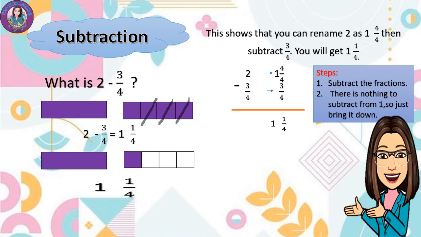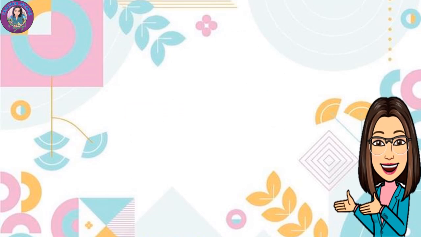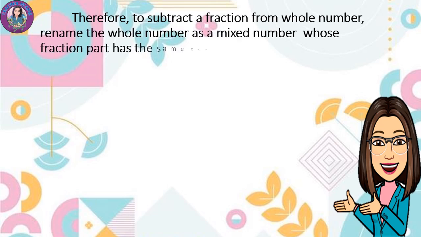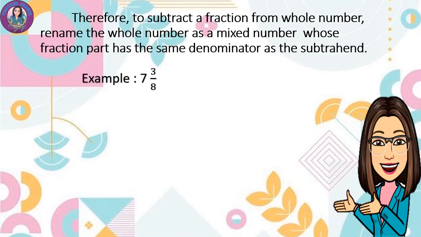There is nothing to subtract from the whole number 1, so just bring it down. Therefore, to subtract a fraction from a whole number, rename the whole number as a mixed number whose fraction part has the same denominator as the subtrahend.